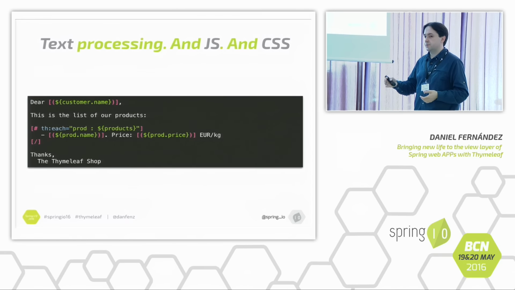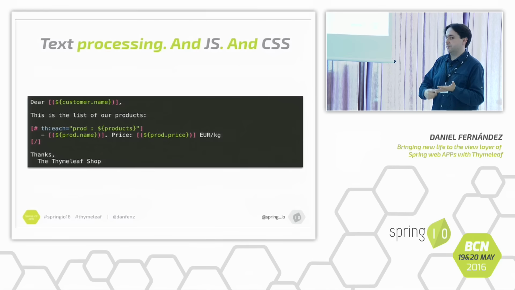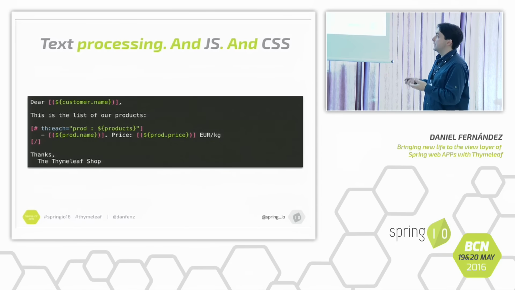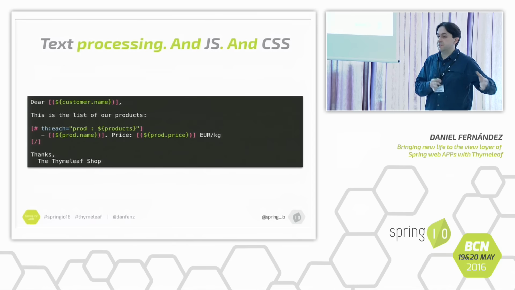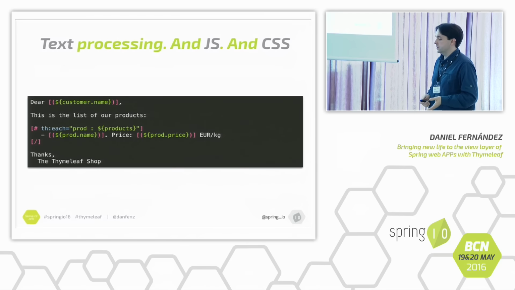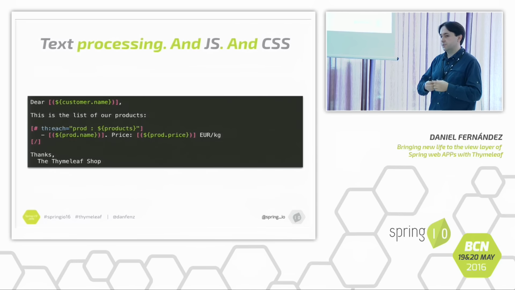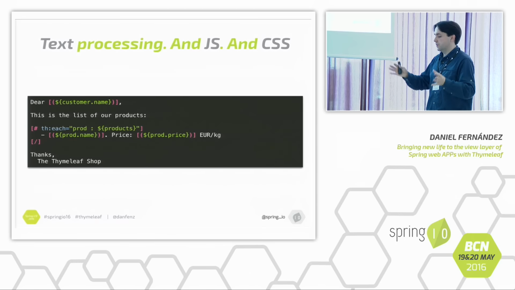Almost all the attributes available in the standard dialect for the HTML or XML modes are available for the text modes, which are these three. You can do things like, for example, a text email. It's not a rich HTML email, it's just a text email. You can do text processing like what most other template engines do, because they are normally text processors. So in this sense, the amount of things that Thymeleaf can do as a template engine has broadened a lot.